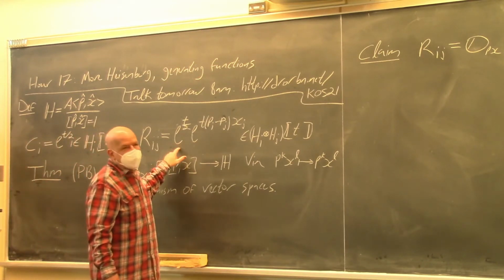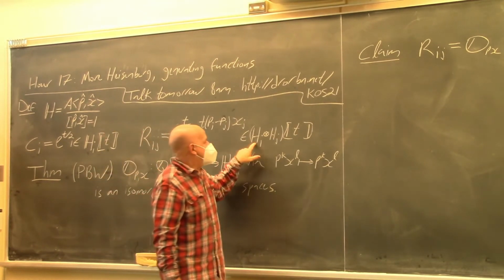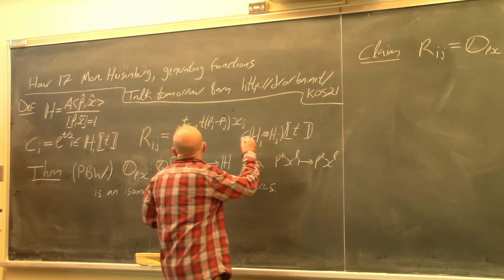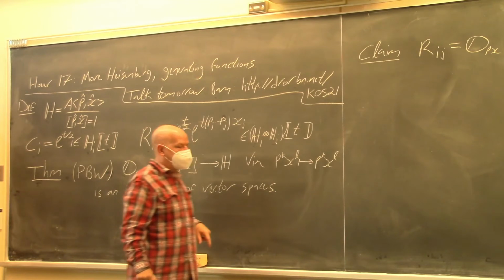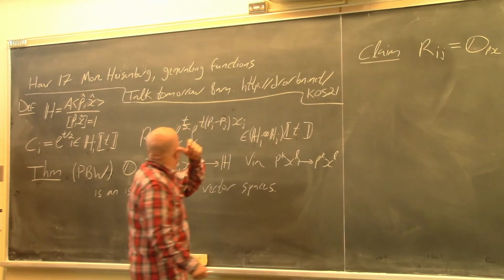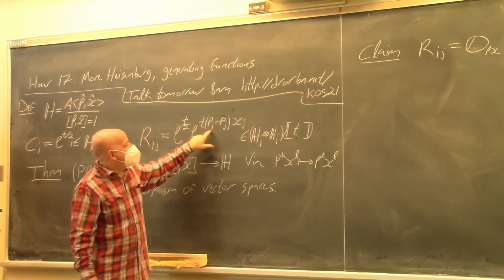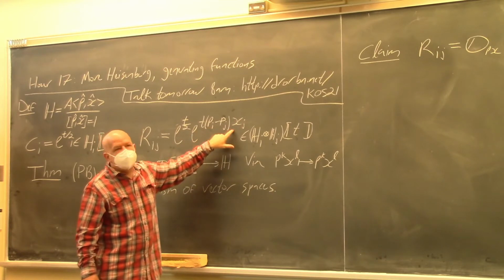Likewise, there is an R_ij. R_ij lives in two tensor factors labeled i and j. And, well, it should be boldface, sorry, blackboard bold H, and again with a t parameter, and it's given by e to the t over 2 times (p_i minus p_j) times x_j.